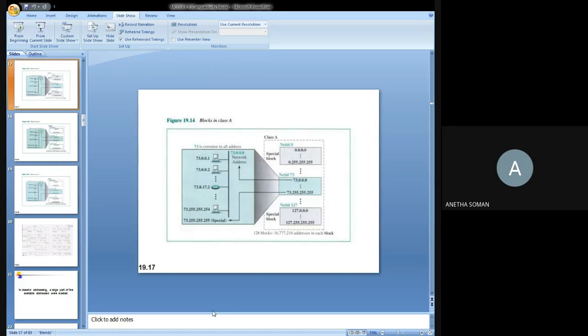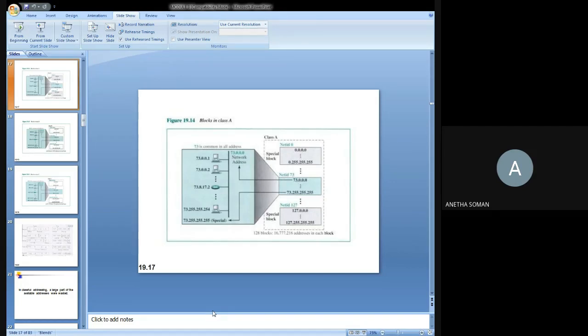Understanding what is the meaning of that? Now, in this diagram one particular block is highlighted, that is 73.0.0.0, and its addresses vary from 73.0.0.0 to 73.255.255.255. That block is assigned to an organization. Suppose out of the 128 blocks, one block is assigned to a particular organization. Usually the first address always acts as the network address.